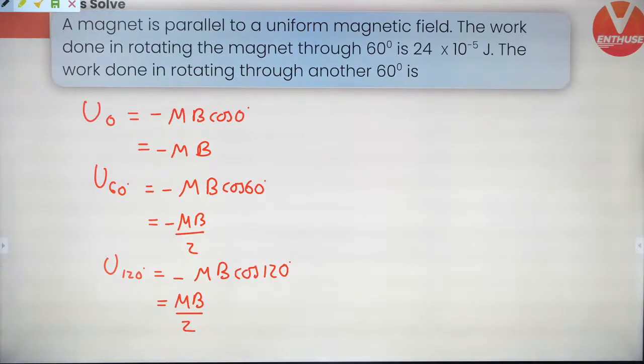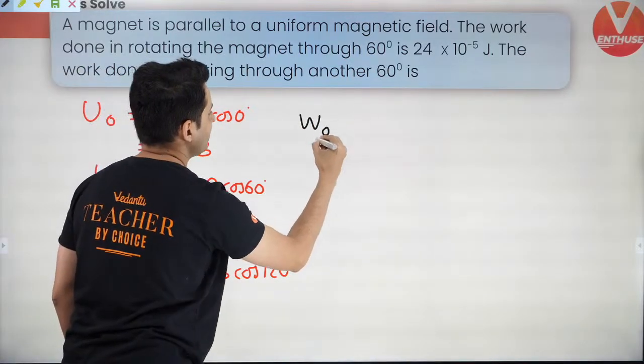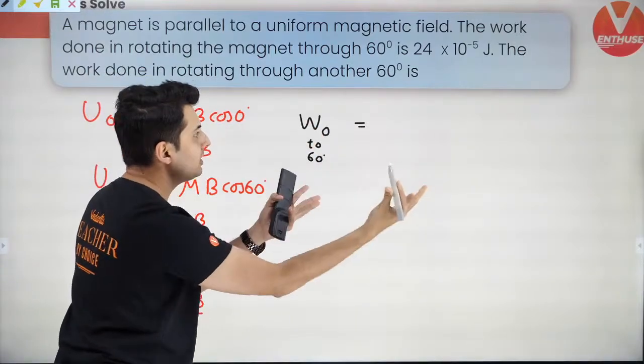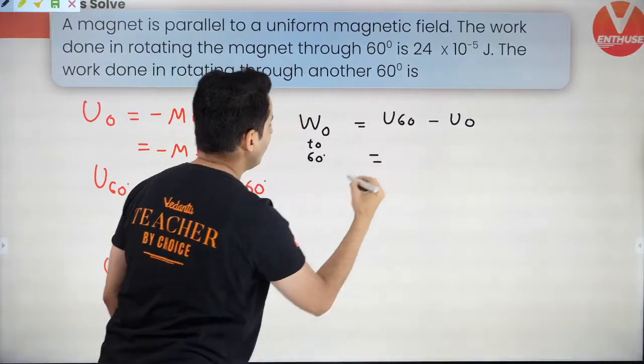Now think about it, guys. The work done from 0 to 60 will be the change in the potential energy, so U60 minus U0. What is U60?